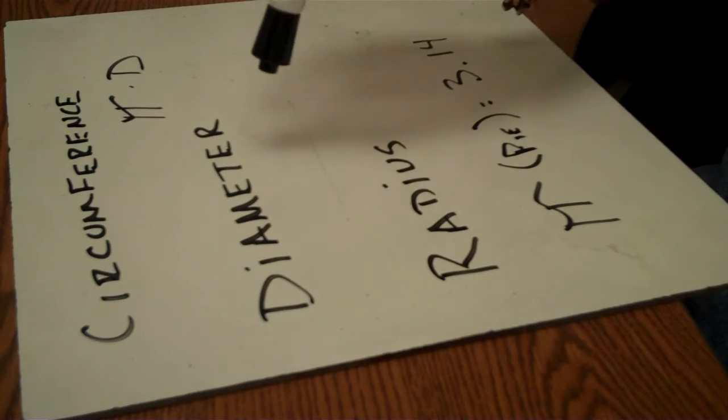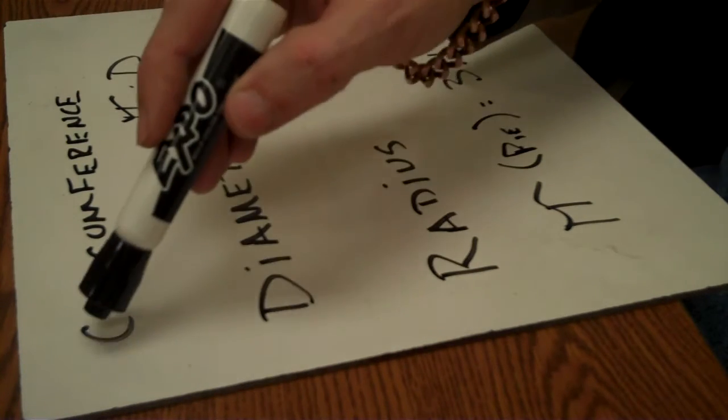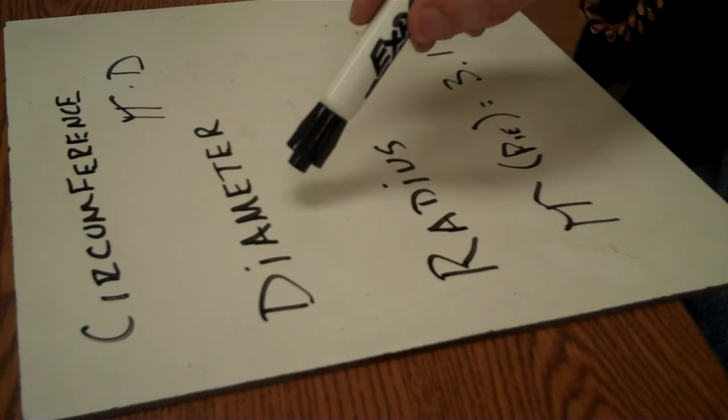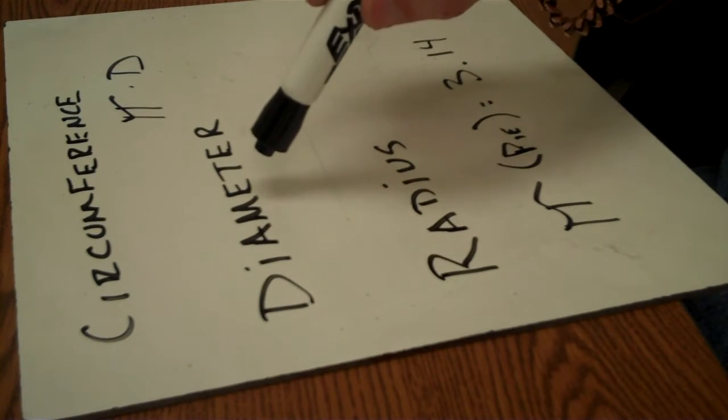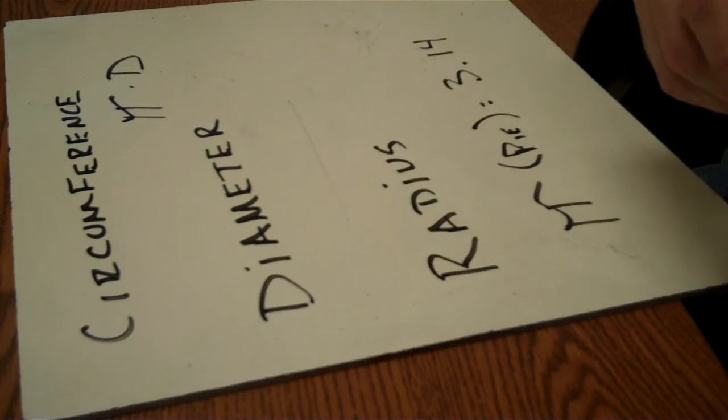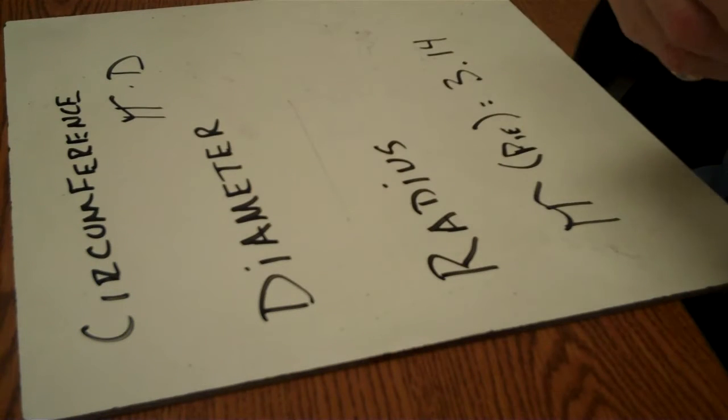Okay? Whenever you see the word circumference, you'll need to know what a diameter means, what a radius means, and what pi equals. Pi equals 3.14.